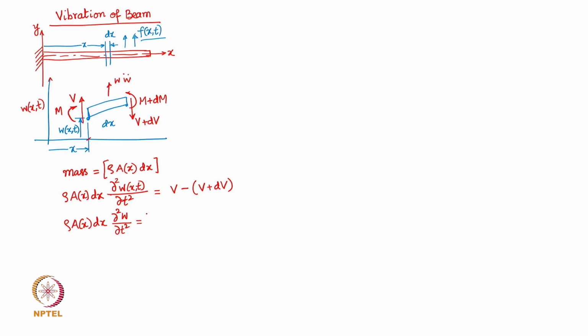It is understood that w, the vibratory displacement, is both a function of x and t. Now here it would obviously be minus dV. Now a small incremental change in the shear force can be approximated as partial V by partial x times dx. In the small elemental length dx, the change is going to be partial V by partial x into dx.